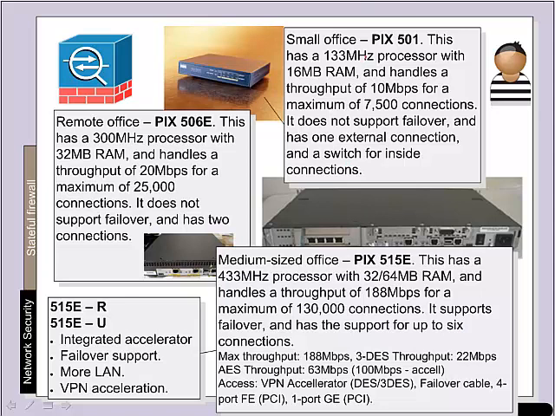Some of the devices that we have for a small office, we have the PIX 501, which is a fairly limited device with only 2 interfaces and up to 7,500 connections. The PIX 506 raises this to 25,000 connections, and again only has 2 connections in and out. For a medium-sized office, we have the PIX 515E, which can support up to 130,000 connections and can have 6 physical interfaces.